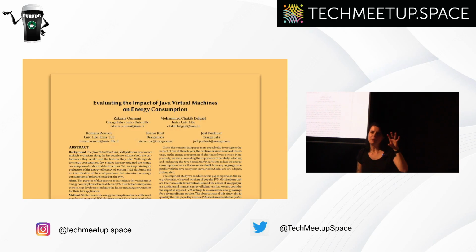But then it sort of gets more interesting as well, because if you look at the energy efficiency of Java specifically, there's a paper where they looked at how you can tune the JVM to make it more efficient. What was really interesting to me wasn't the specific parameters that they chose, because that's going to vary depending on what workload you have.